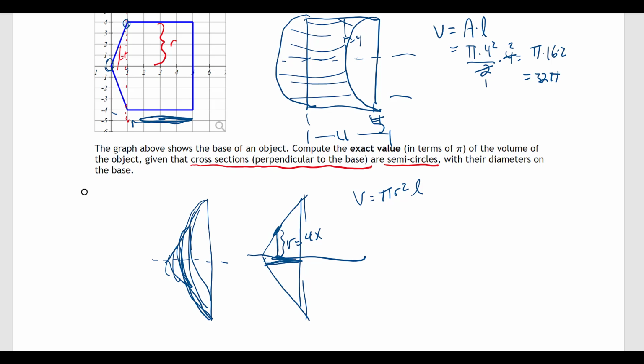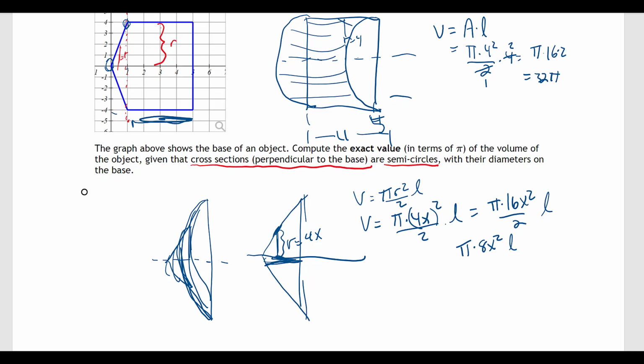So our cross-sectional area times the length: pi times 4x quantity squared, oh I forgot, divided by 2 because it's a semicircle, times our length, and our length is the dx. So we're going to end up with pi times 16x squared divided by 2 times the length, or pi times 8x squared times the length.